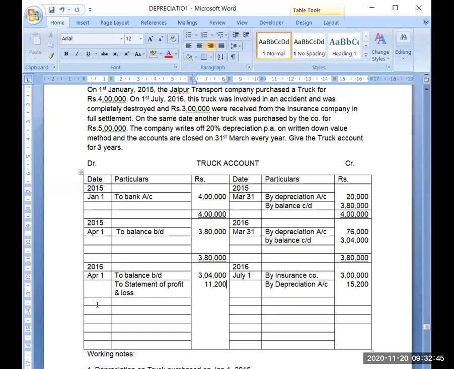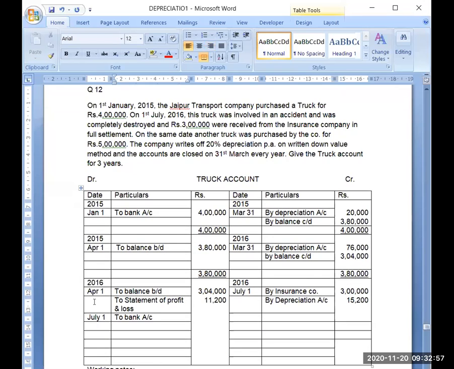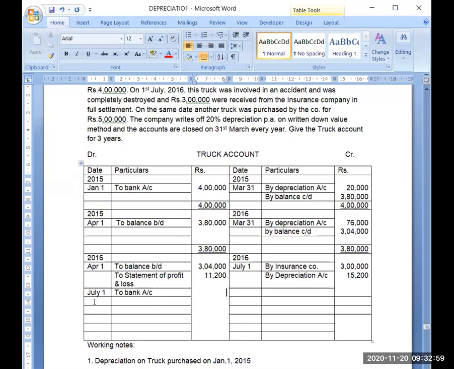Now on the same date, we have purchased one more truck. So the date will be July 1, to bank account. And we have purchased this truck for rupees 5 lakh.